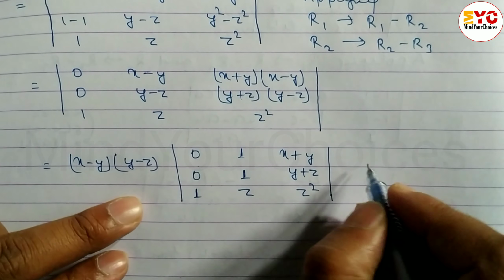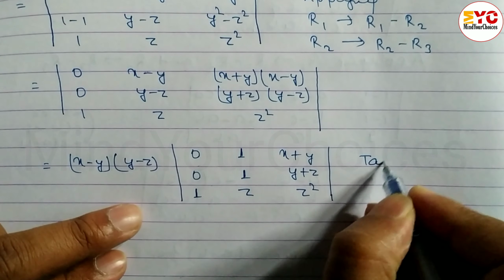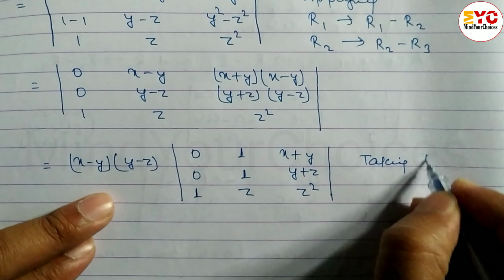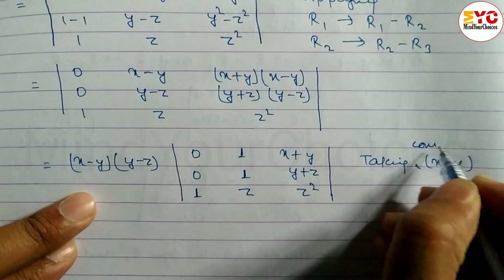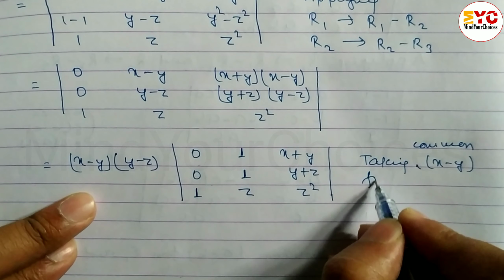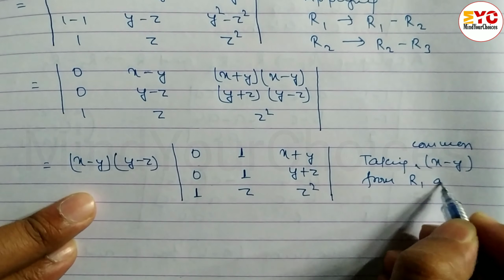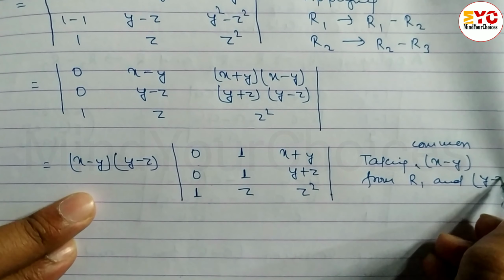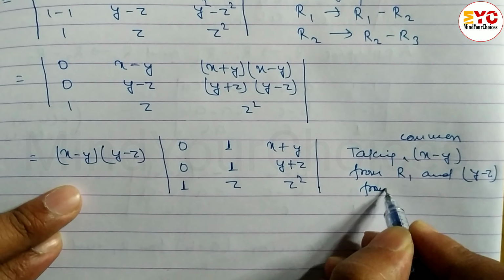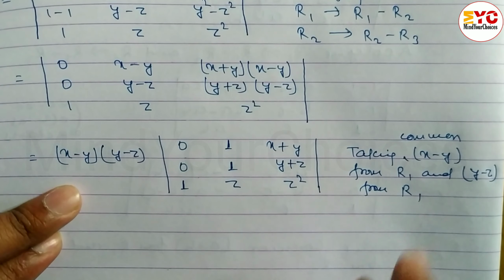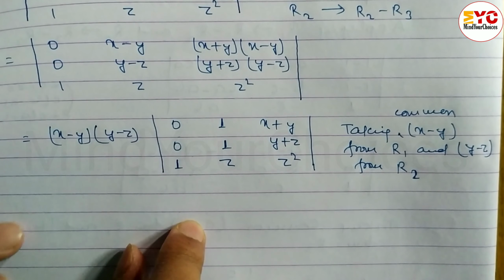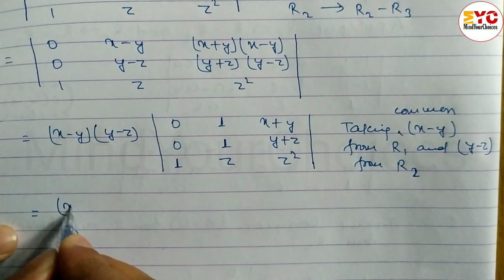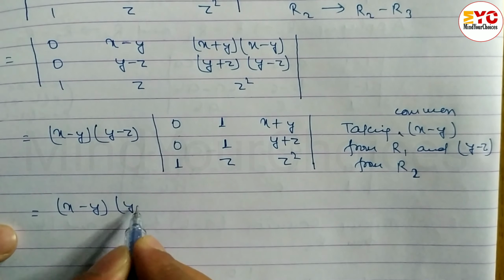Okay, now what we write here? Taking common x minus y from R1 and y minus z from R2. From R1 we took x minus y common, and from R2 we took y minus z common. Okay, now if you know the properties of determinant, then you can understand here.